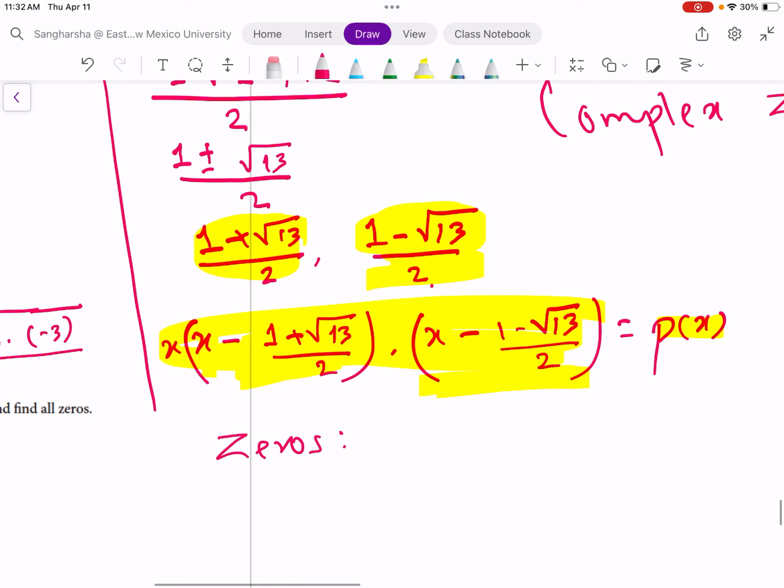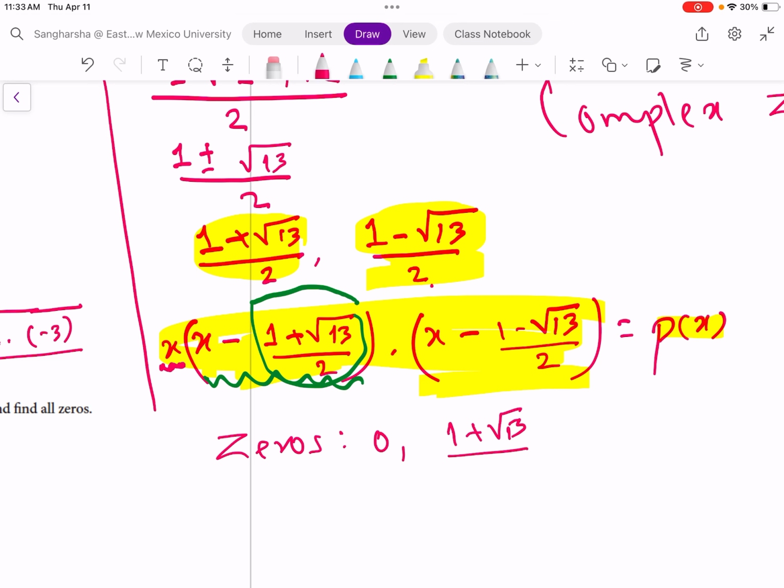Zeros are the x such that this expression is 0. Now how can we have this factor 0? For what x value is this factor 0? For 0, right? So 0 is one zero. Now for what x value is this expression 0? The positive of this number, which is 1 plus root 13 divided by 2.